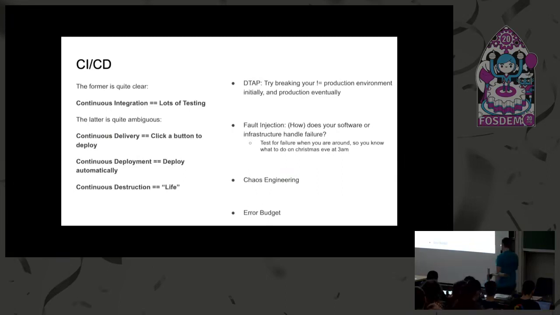At the bottom, an error budget is something that can be quite useful. Instead of always imposing very strict requirements on when you can deploy and how you can deploy and things you can change in your environment, sometimes it can be good to instead have an error budget, which basically says as long as the SLA stays above 99%, I don't know, we're free to do whatever we want to the production environment because it means that clearly we have a handle on properly dealing with the production infrastructure.